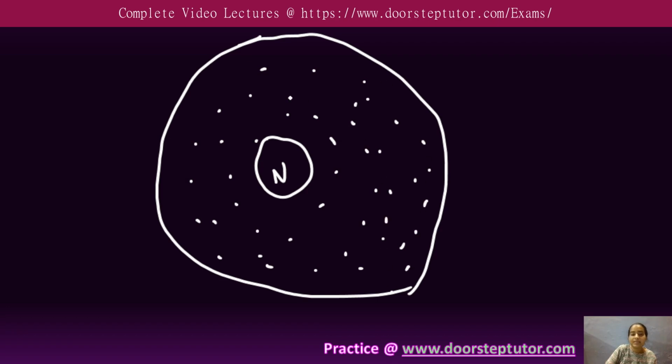Besides this, some organelles are also found here. So we can draw these organelles like this. Here suppose mitochondria are present. Suppose ribosomes are present here. Suppose endoplasmic reticulum is present here. Golgi bodies are present here.